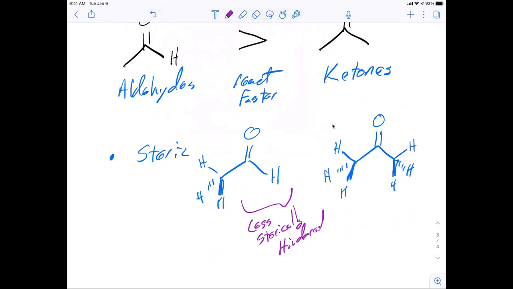Okay, so therefore it's going to be faster because of sterics. The ketone is always going to be more sterically hindered than the aldehyde, because the aldehyde is always going to have one side, the hydrogen side, that's going to have no sterics or limited sterics.